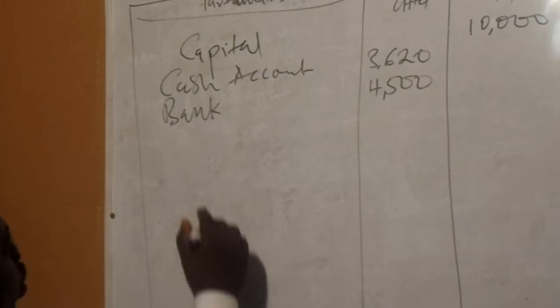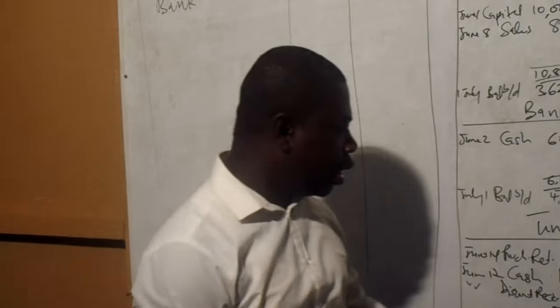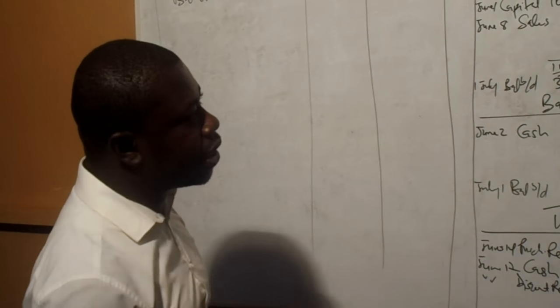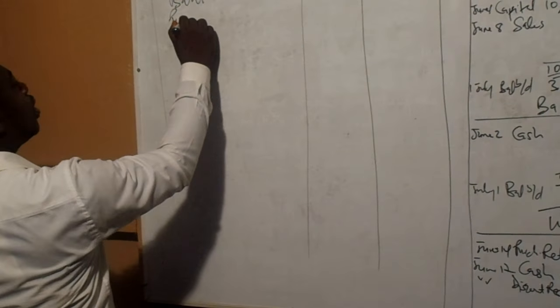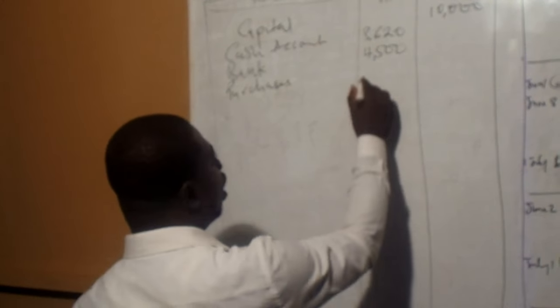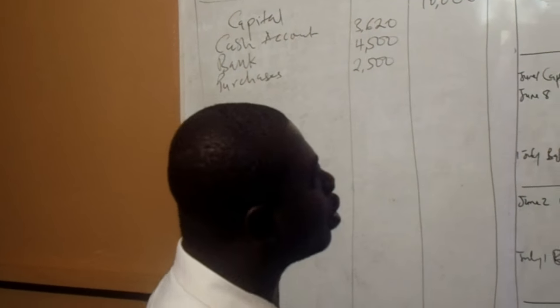Then we come to Tunde. No, Tunde is not coming because there is no balance carried down for Tunde. And then we go to purchases. So purchases account. The balance brought down is 2,500 also on the debit side. Then sales.